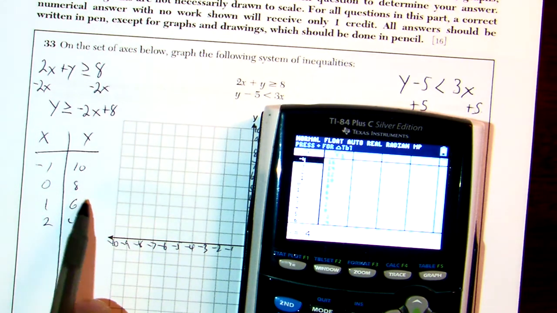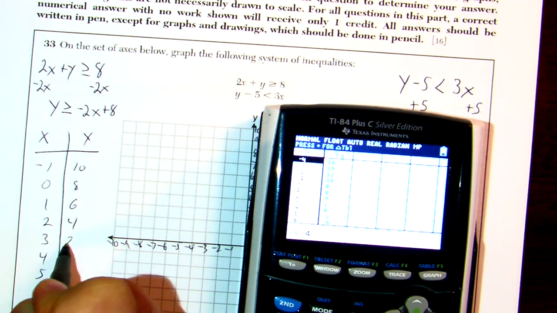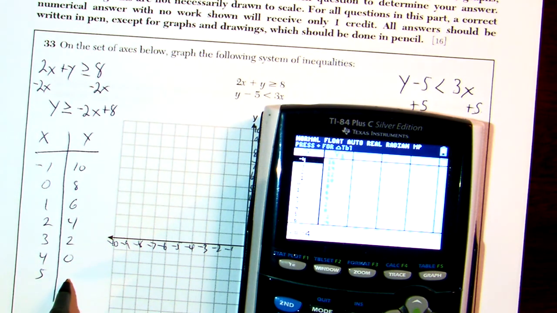Okay, since I see I'm going down by 2s, we're going to have 3, 2, 4, 0, 5, negative 2, 6, negative 4, 7, negative 6, and so on. Might as well go a little bit further.